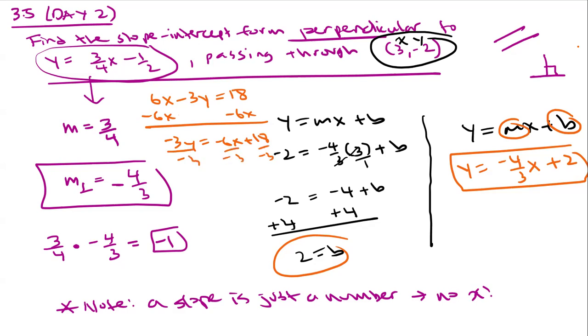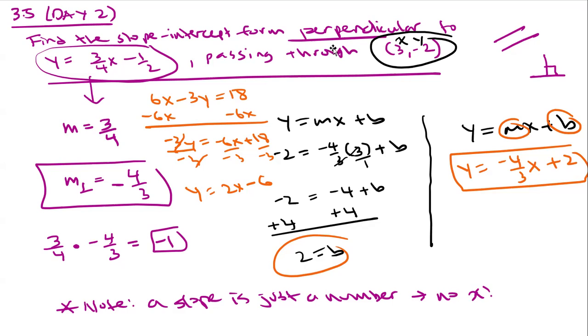So it's important that we write it in slope-intercept form first. Okay, all right, so now we know what it is. When we solve it for y, that's what we want first in order to do this.